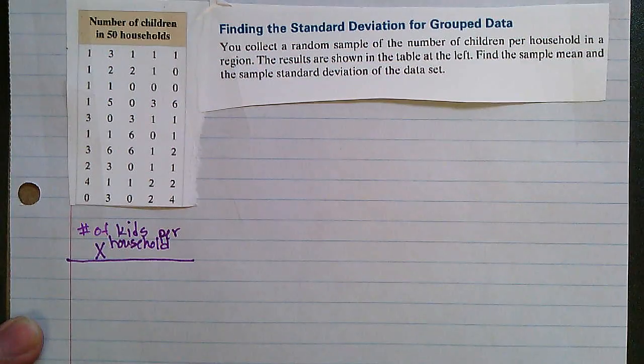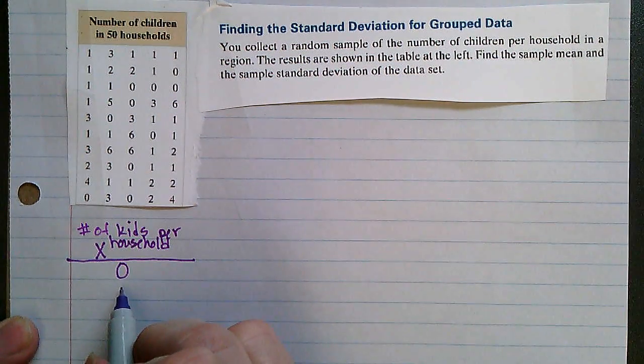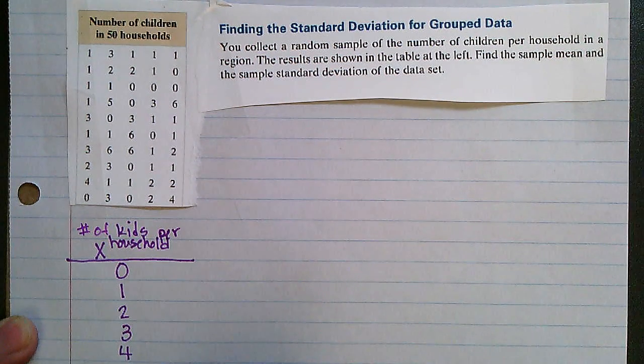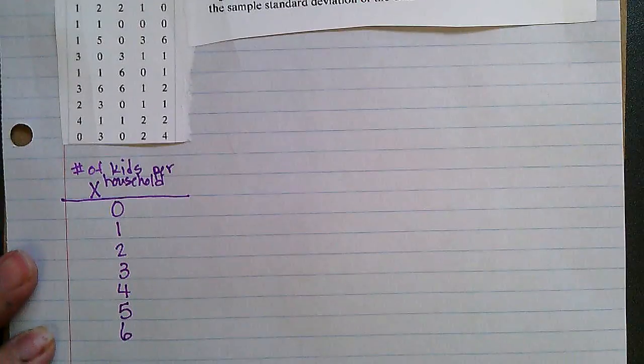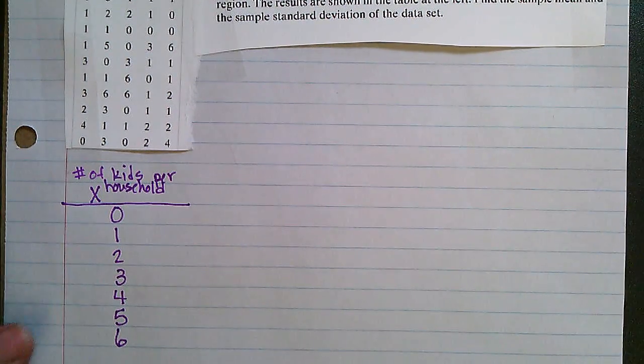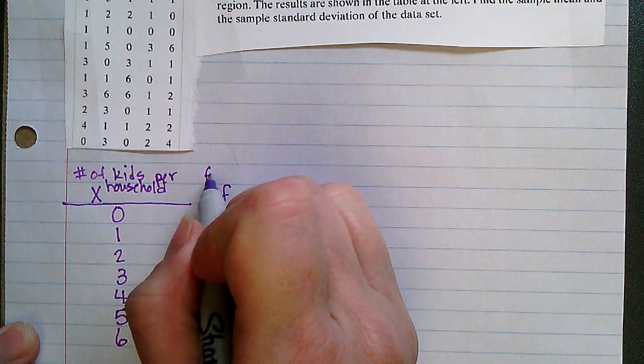Our smallest data value is 0, and then we have 1, 2, 3, 4, 5, and 6. 6 is our largest data value. And then we need the frequency for each, so now I'll have a column for f, which is frequency.